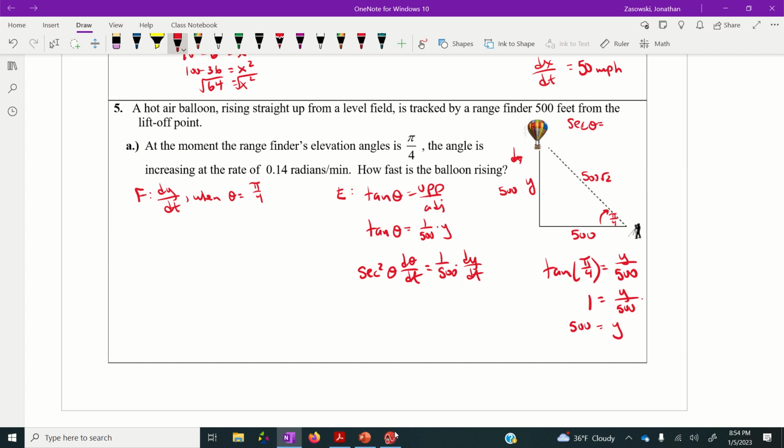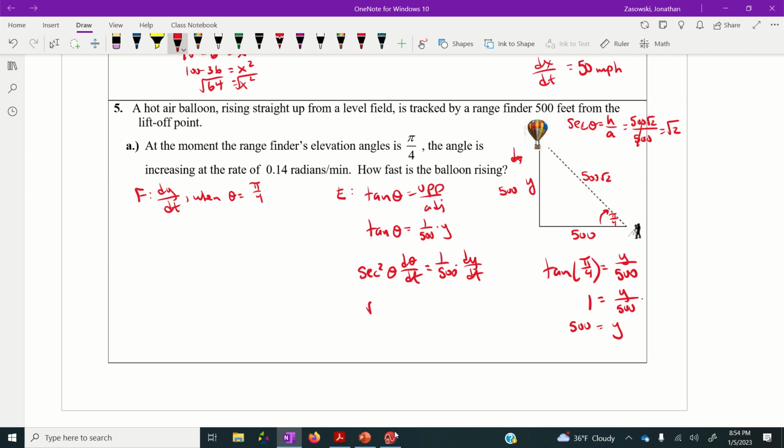All right, so the secant is hypotenuse over adjacent. The hypotenuse is 500 square root of 2. The adjacent is 500. These are going to drop out to give me the square root of 2. So that is the secant theta here. Okay? So when you're doing this, we're just going to go ahead and plug in.